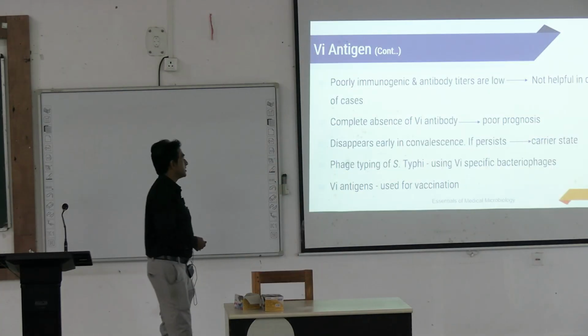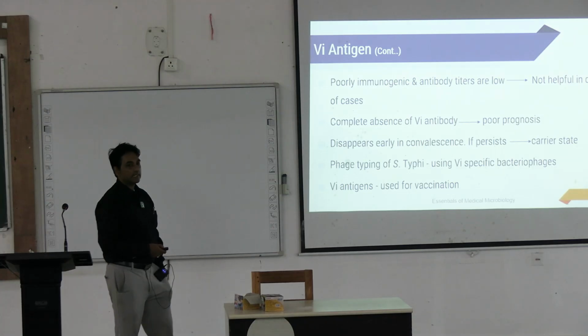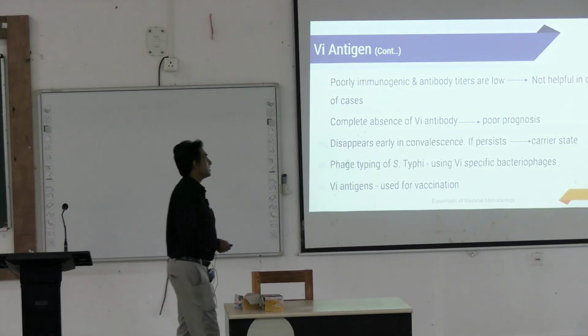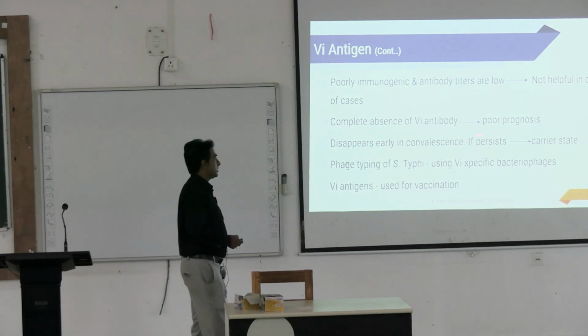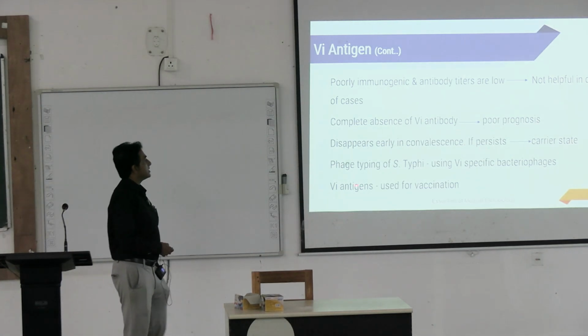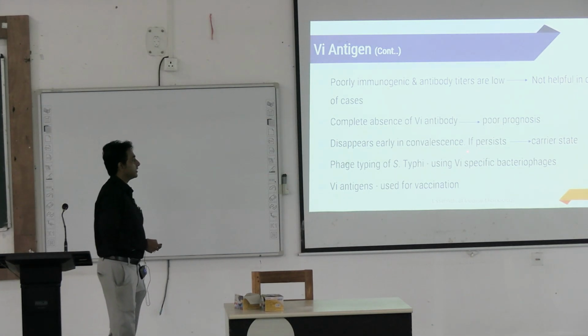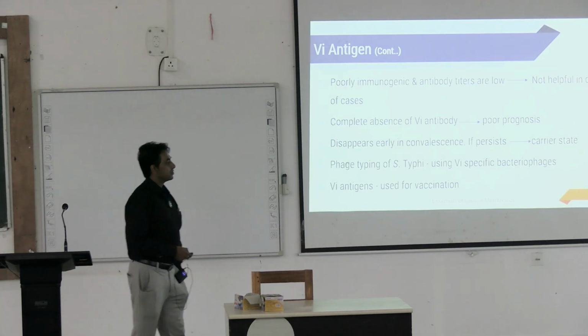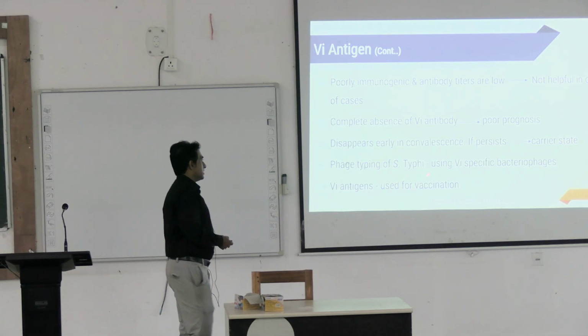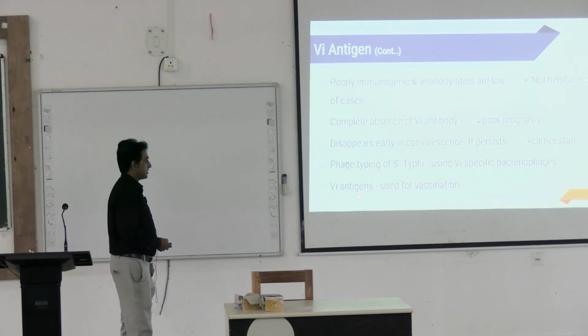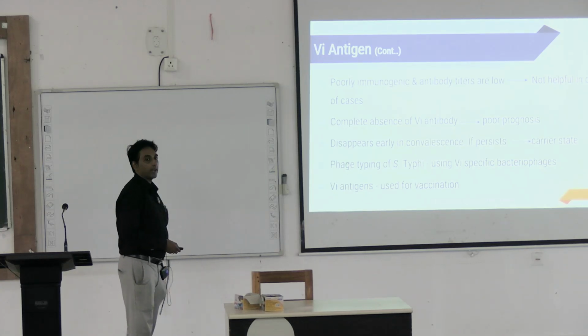The Vi antigen is poorly immunogenic and the antibody titers are low, so not helpful in diagnosis. The complete absence of Vi antibody leads to poor prognosis, and it disappears early in convalescence. If it persists, it goes on to the carrier state. Phage typing of Salmonella typhi uses Vi-specific bacteriophages, and Vi antigens are used for vaccination.